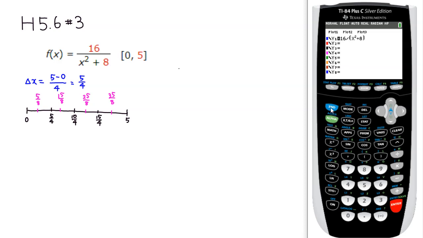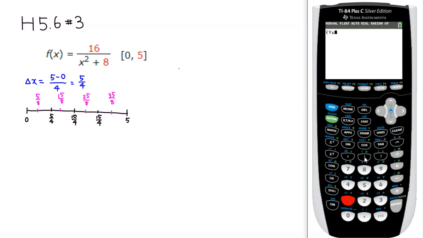Then you can go to the regular screen by pressing second, mode, which means quit. Then we add a parenthesis, and we need f of, so we go to Y-Vars, then Function, and the very first one is y1, so I choose y1.